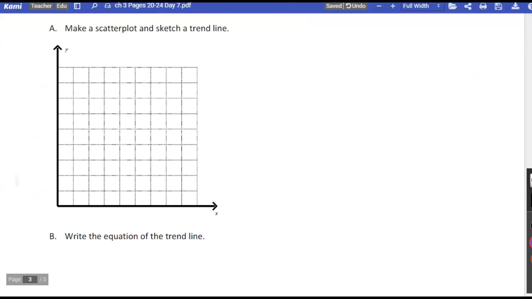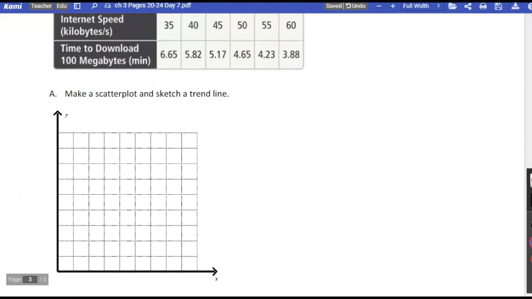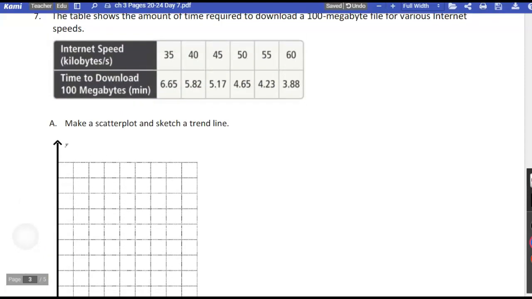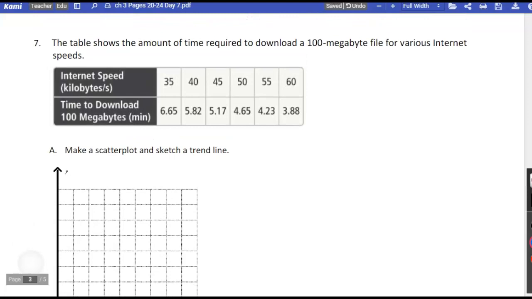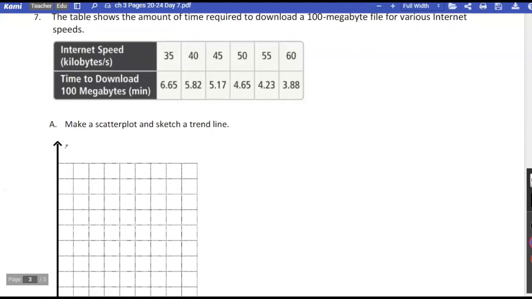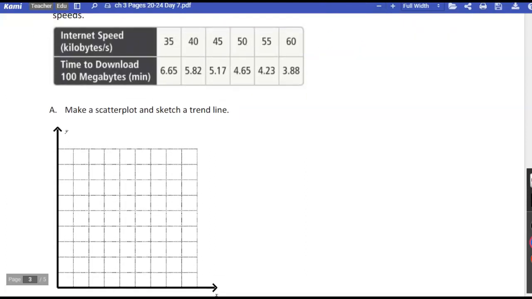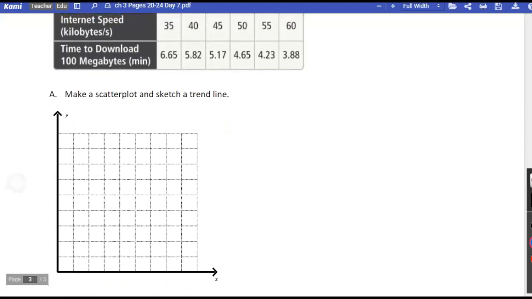And last thing we're going to do here, so hold on just for a few more minutes here. Talking about downloading various files for different internet speeds. This is tricky because these are really small numbers. So here I could do 35, 40, 45, 50, 55, 60.